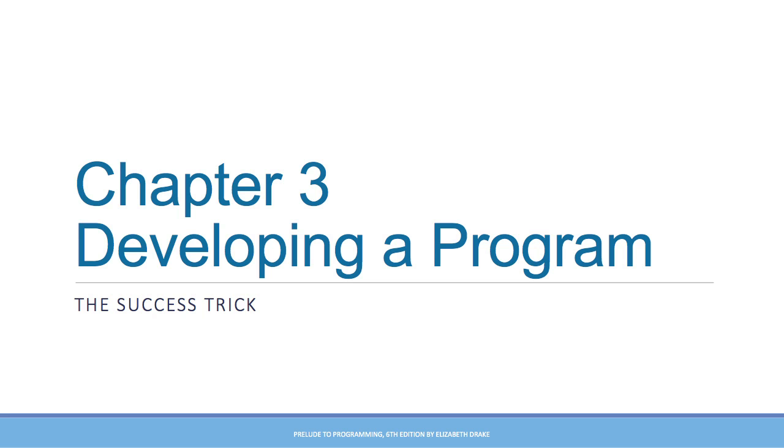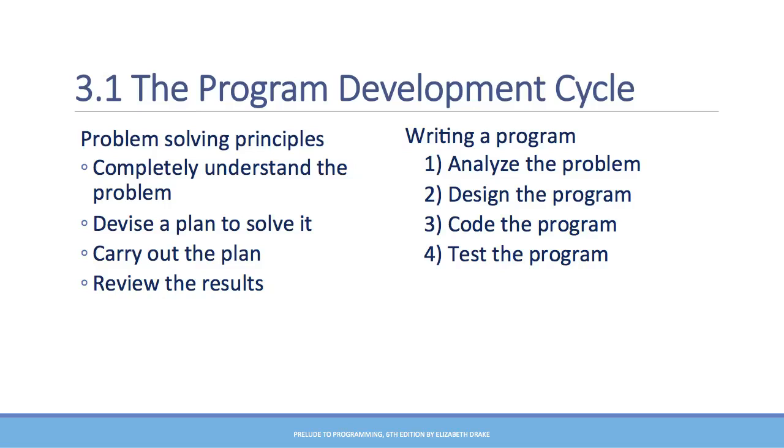Developing a program requires a programming cycle, a development cycle, which is mentioned in Chapter 3. It involves problem-solving principles and actually writing the program. The first thing is you need to completely understand the problem, okay? Good luck. I don't know anybody that completely understands a problem, but at least understand as much of it as you possibly can.